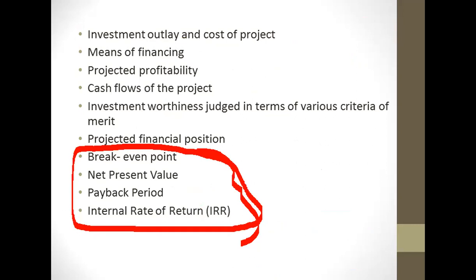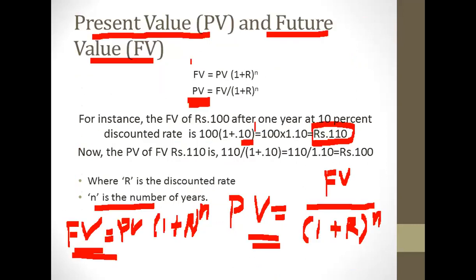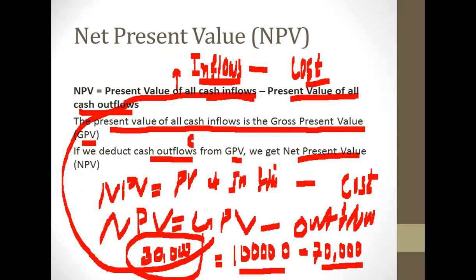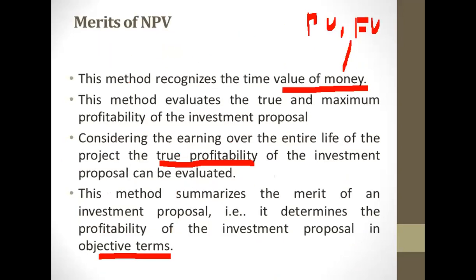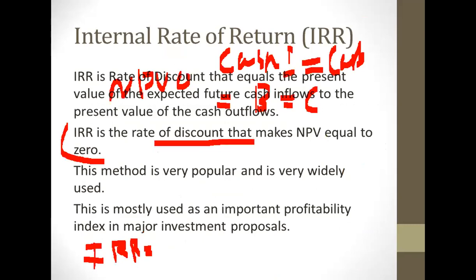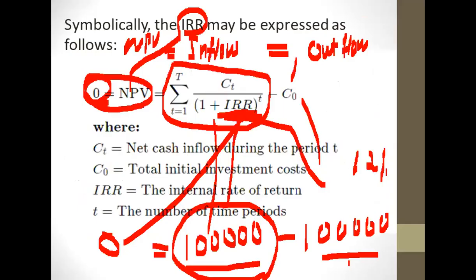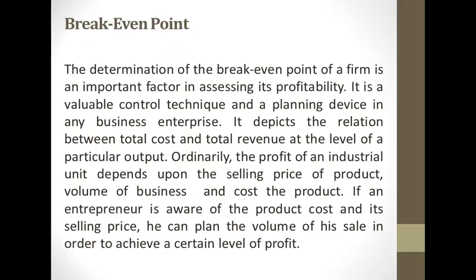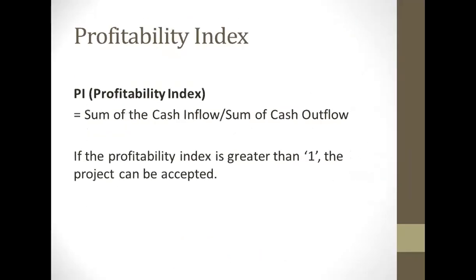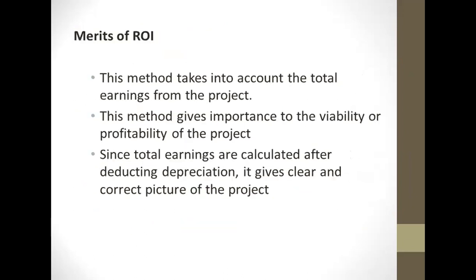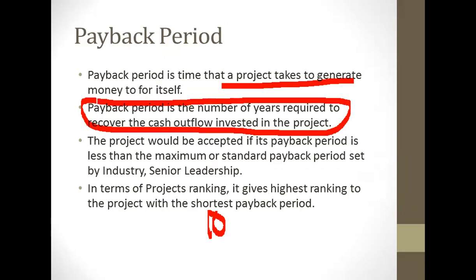So we have discussed such things: present value, future value, that is about time value of money, net present value. Then internal rate of return. Then after that, we discussed break-even point. Then we discussed profitability index, then return on investment, then payback period.